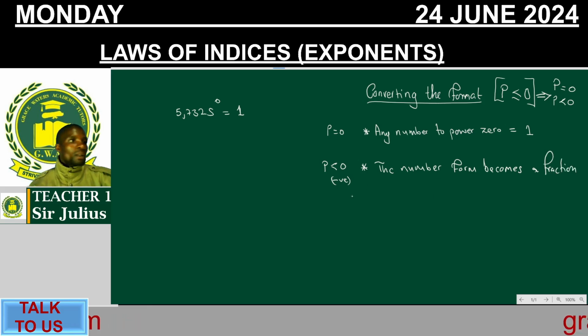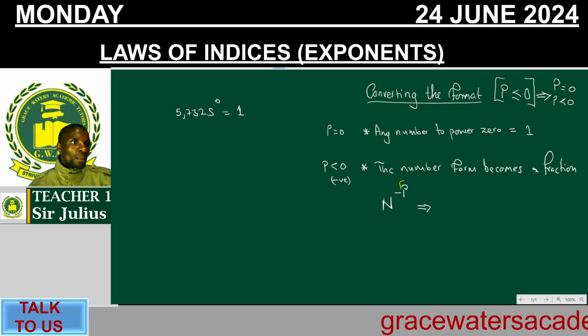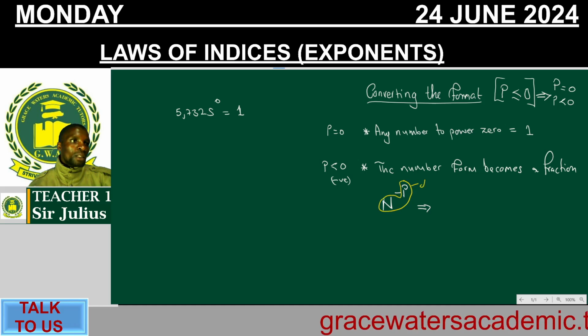So if you have any number to the power of a negative power, we say that the number form becomes a fraction, meaning your answer will take the number and the power and make them a denominator.